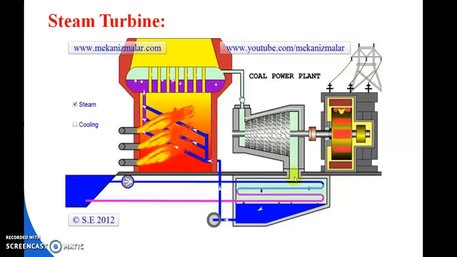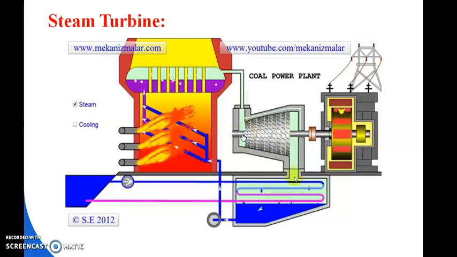That means the steam coming out from the nozzle will have very high velocity or high kinetic energy. That high velocity steam impacts the turbine blade. Here these are the turbine blades. And all the turbine blades are mounted on the shaft of the turbine. This is the shaft of the turbine.